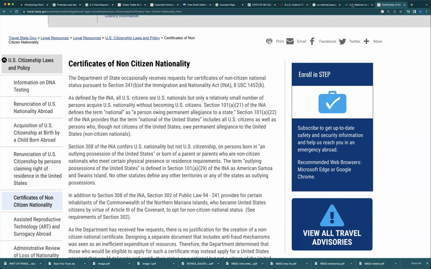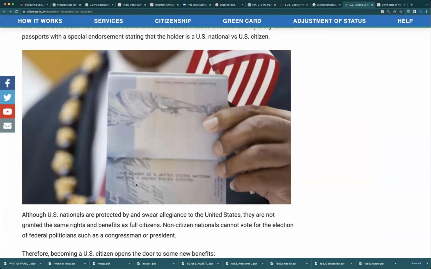So I just wanted to share this because this is going around. There's even websites that are being populated by the U.S. Department of State, and you'll see certain clauses where it says you're going to get a passport that says you are a United States national.